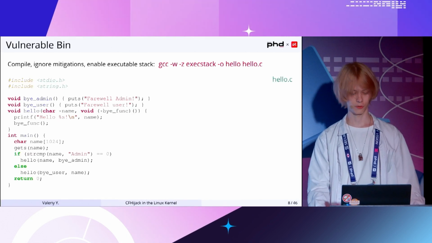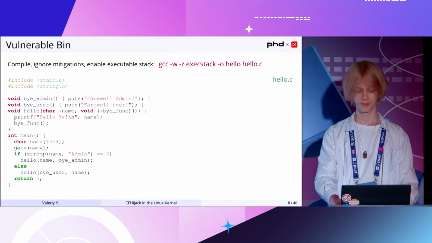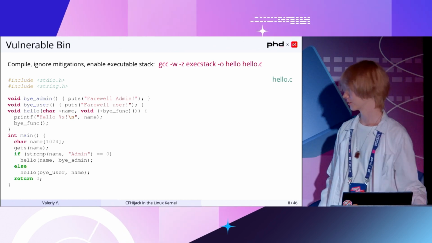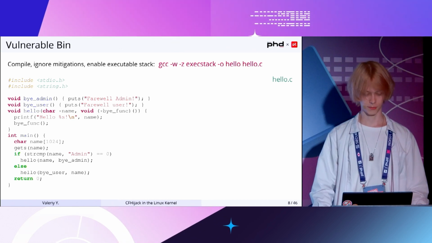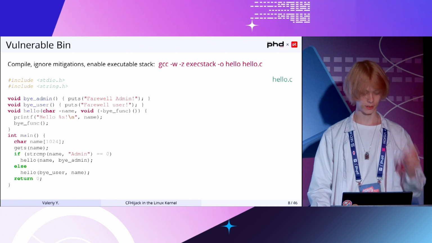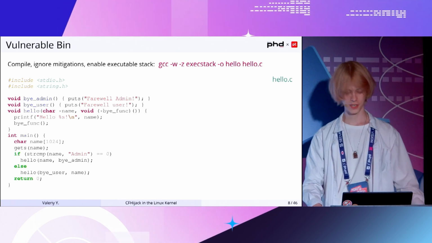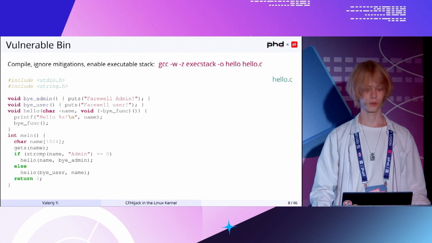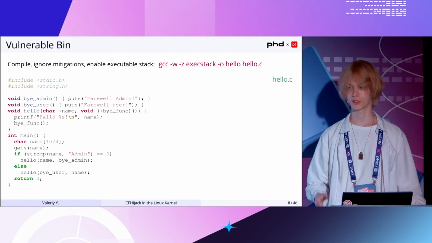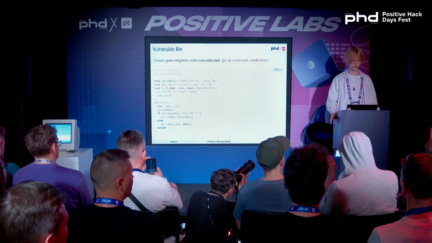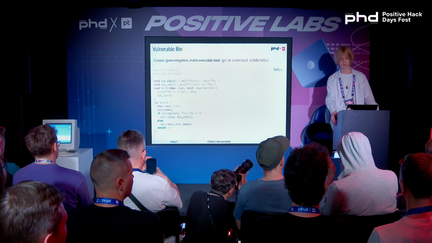And for starters, this is a vulnerable code in the user space. The most important thing shown on this slide is the code that you can name with your own name.